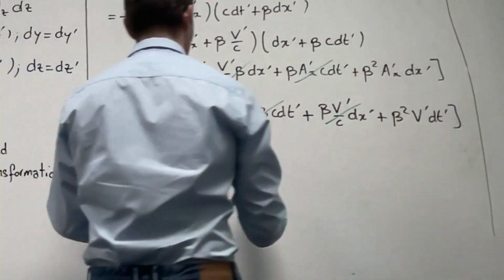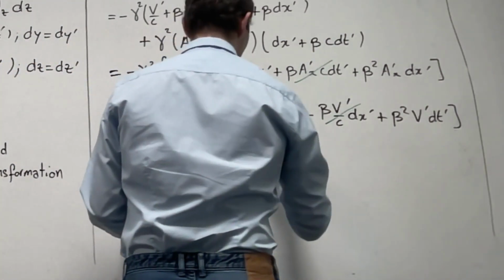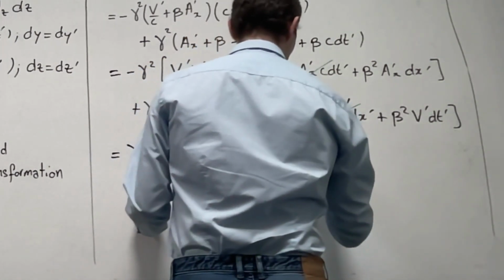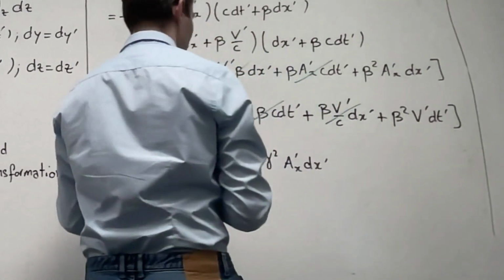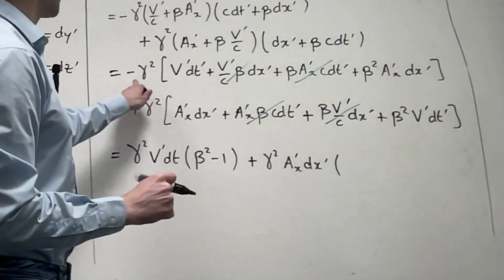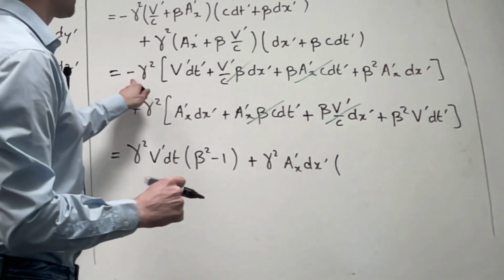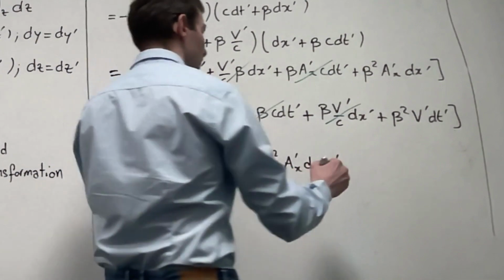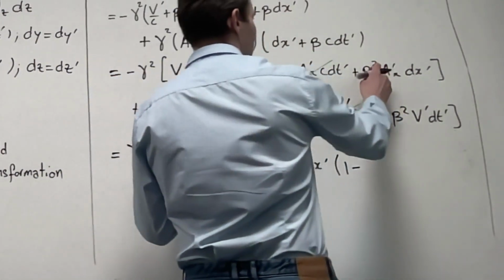And then I've got plus gamma squared, and then a prime x dx prime, and then 1. So you see, where am I? Yes, I've got a plus here, so I've got a 1 minus beta squared here.